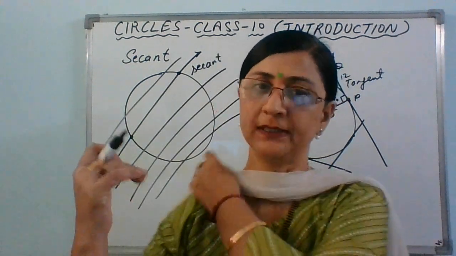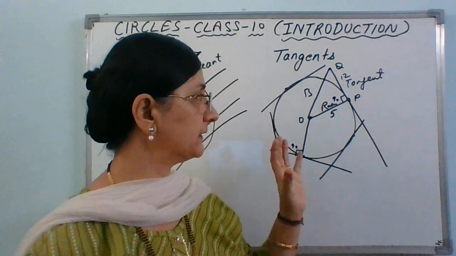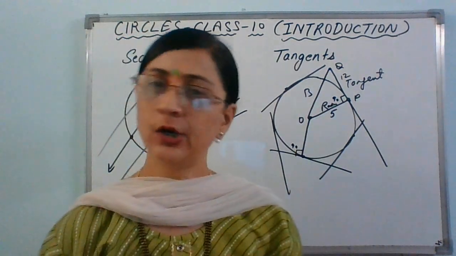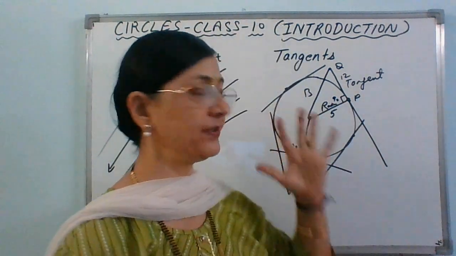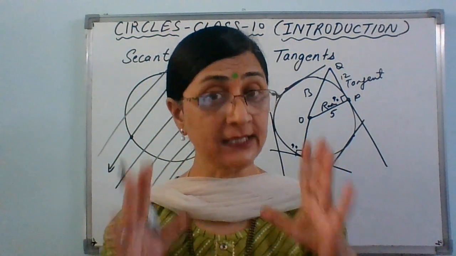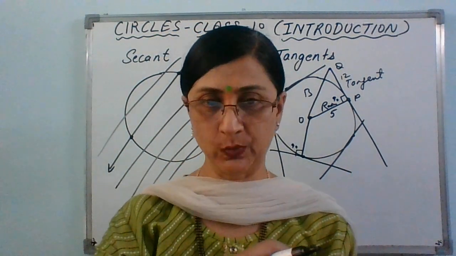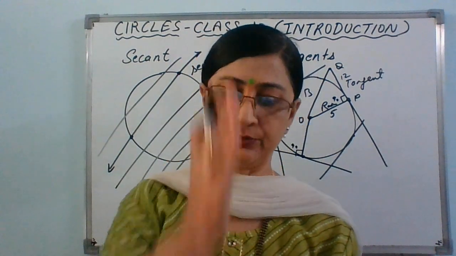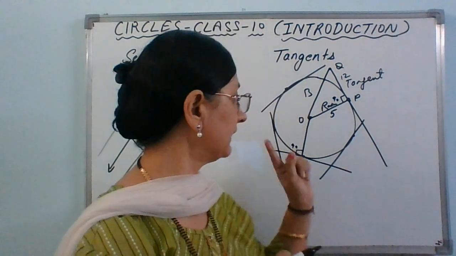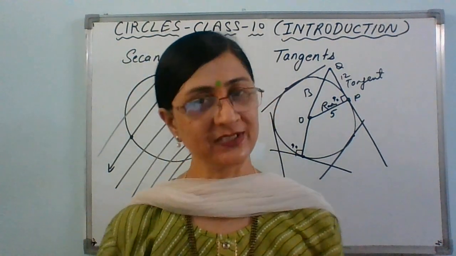Secant you should know, but the chapter is about tangents. You will have to find some sides or prove something using the definition of tangents, that tangents touch the circle at a single point, and if you draw the radius to that point, they meet at 90 degrees. This will be required here.